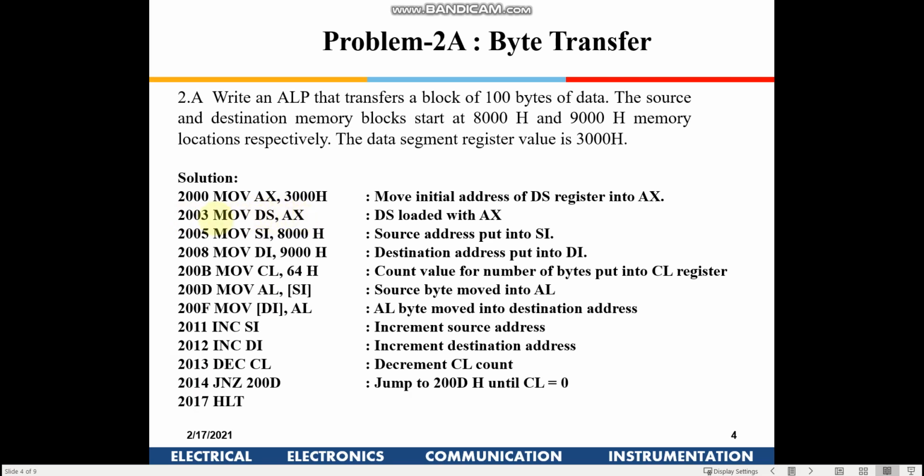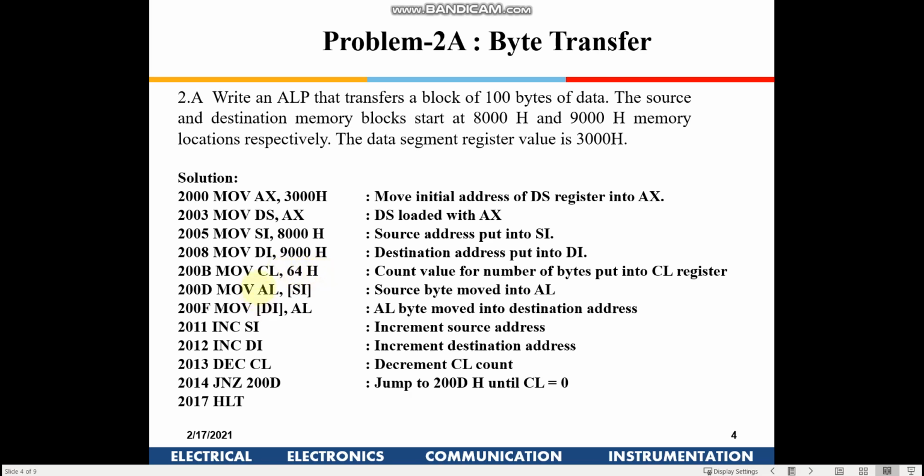So here DS has been initialized with 3000, and now subsequently we need 2 pointers because there is a string of data available. For one pointer we use SI, the second pointer we are going to use is DI, right? And then we also require a counter to make sure 100 bytes of data are transferred. 100 in decimal is represented as 64 in hexadecimal, so we have initialized the counter.